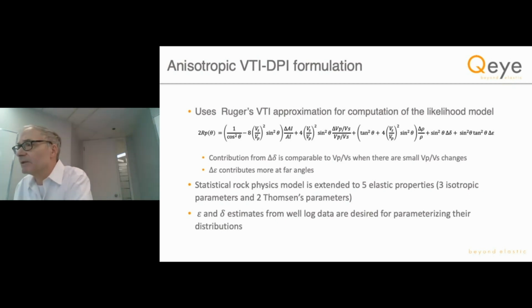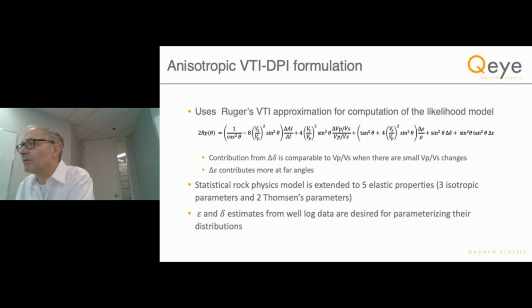We have the conventional deterministic AVO, with the change in acoustic impedance reflectivity, and the change in VP/VS reflectivity as a function of sines and cosines squared of the angles. Then this term here is the density term, a function of tan squared and sine squared, density reflectivity. The last two terms are the change in Thomsen parameters, delta delta and delta epsilon, as a function of angle.